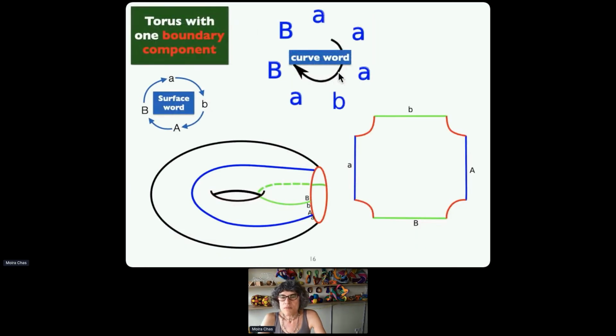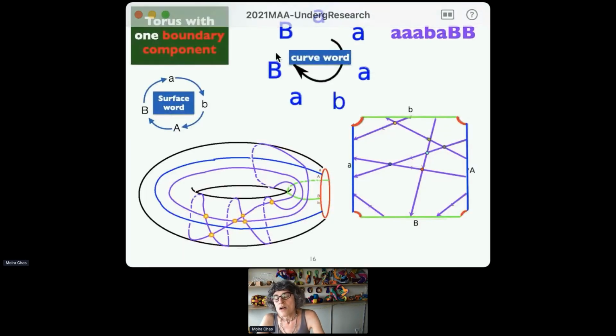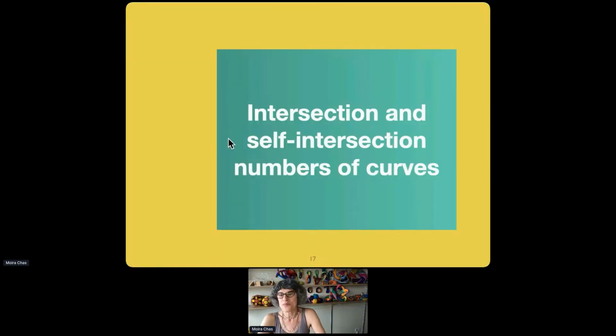So curves are always going to be a ring of letters, even if sometimes I write them as a linear word, because writing a ring of letters is very painful.